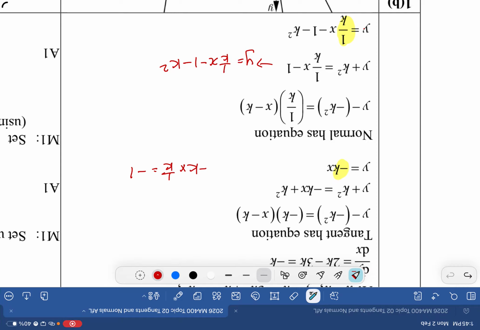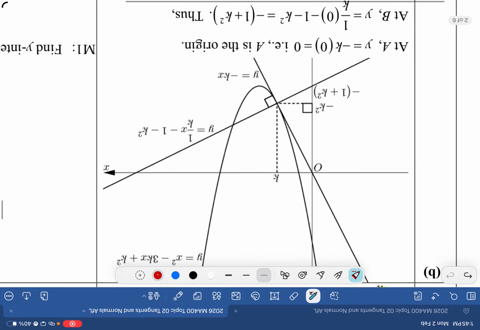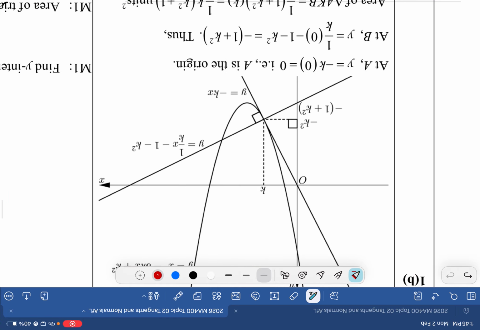You see, okay. x-intercept, right? Okay, so if you look at the tangent, correct not? The tangent, right? The x-intercept is here. For the normal, the x-intercept is here, right?